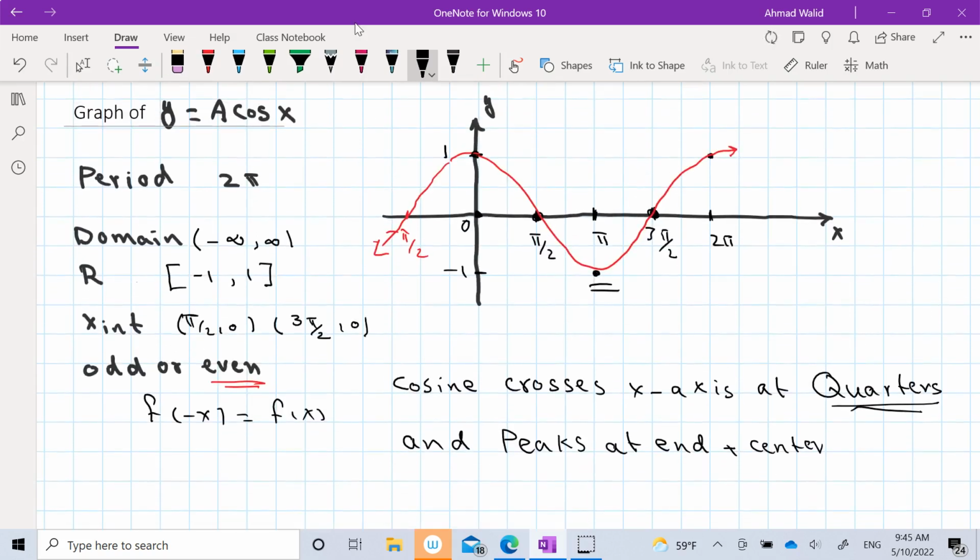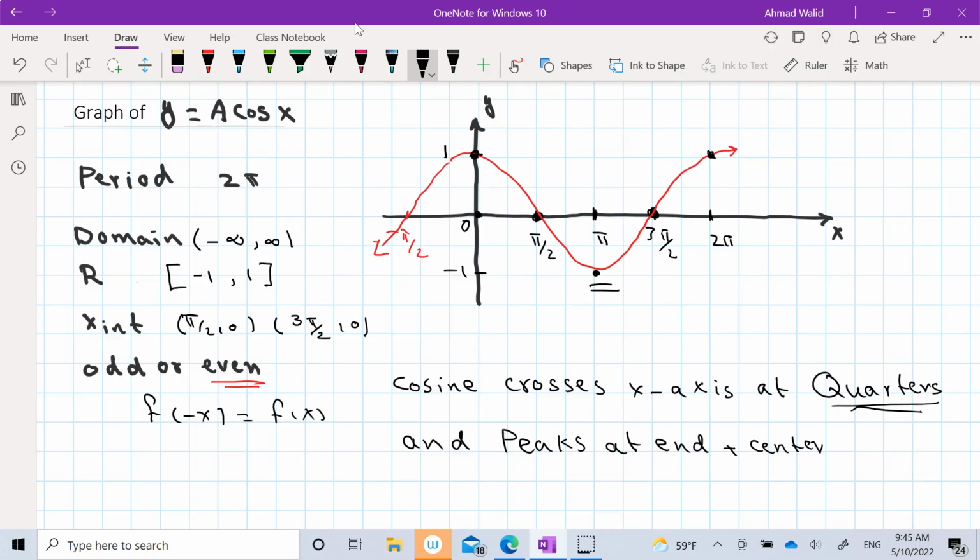This is one end, which is 0. 2 pi is another end. You see your graph peaks at the center and the ends. For sine, the zeros were at the ends and center. Here for cosine, the graph peaks at the ends and center. This is what is important about cosine.